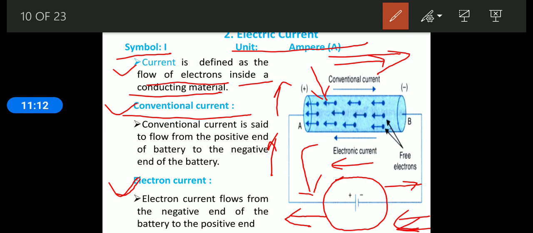The direction of conventional current and the direction of flow of electrons are opposite. Not inversely proportional, it's opposite.